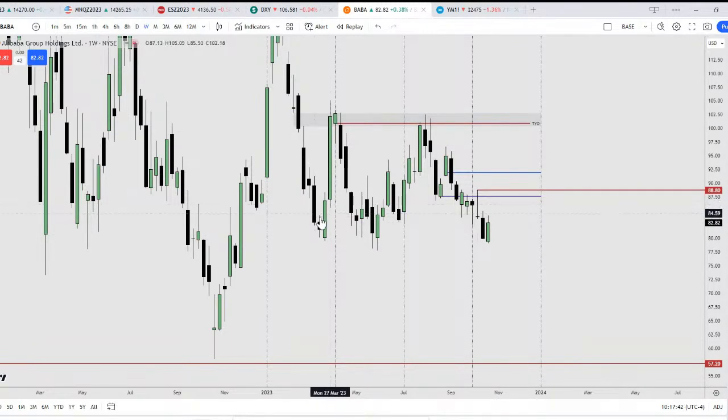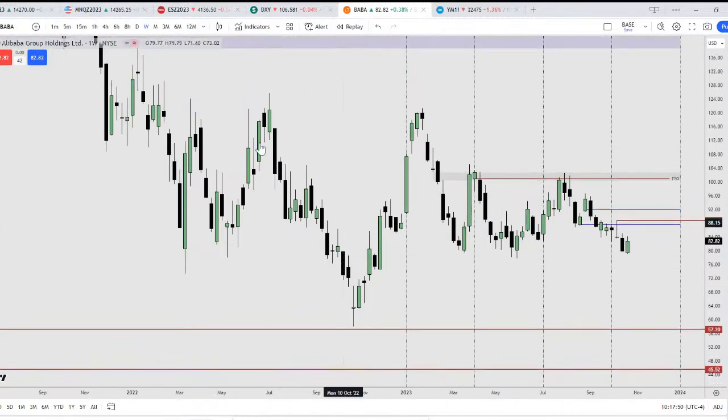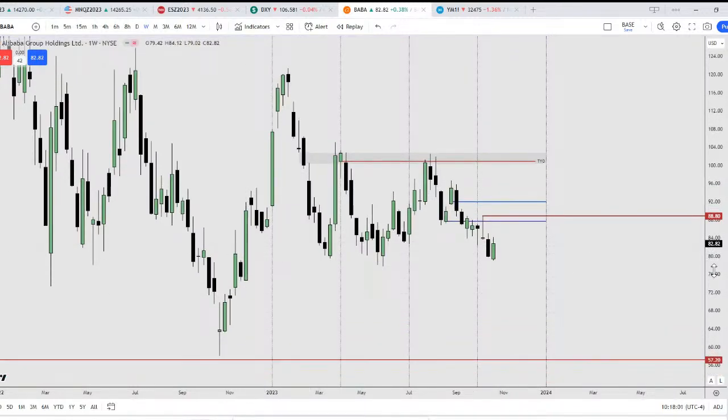So let's say I want to enter Baba. This would not be the market profile that I'm interested in. Okay. What I want to see is something like this and this. I want to see speed. Okay, I don't like to wait for very long for my moves to play out, right?